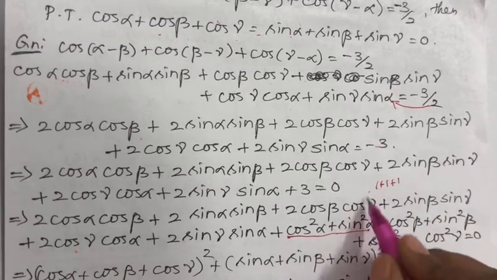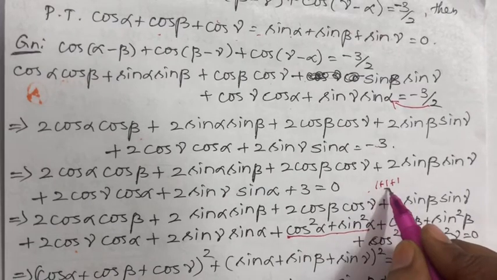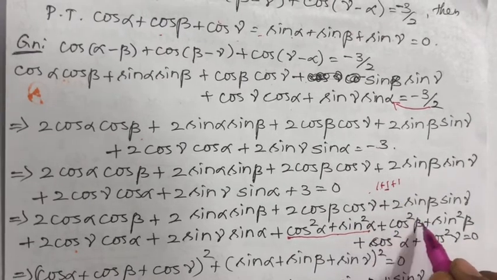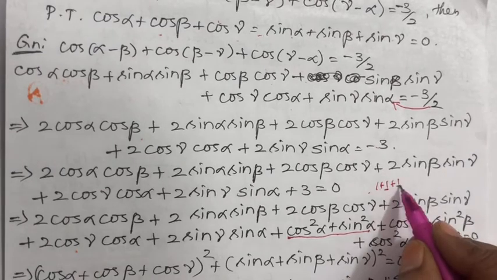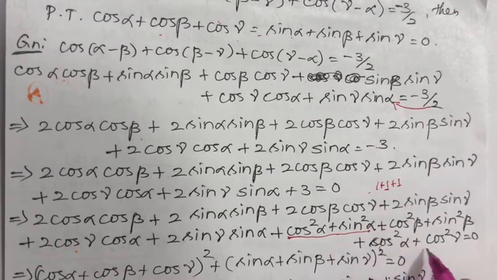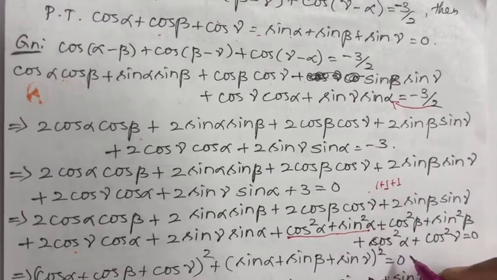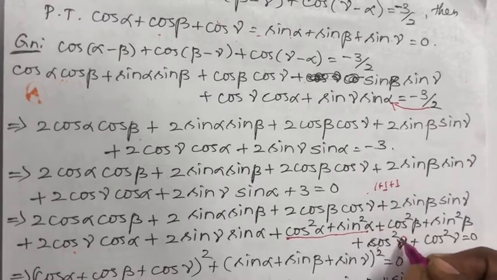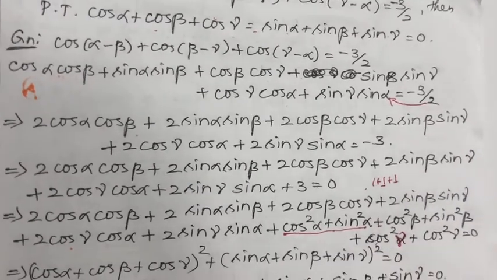So cos square alpha plus sin square alpha, and this one, that is plus cos square beta plus sin square beta, and this one cos square gamma plus sin square gamma is equal to 0.